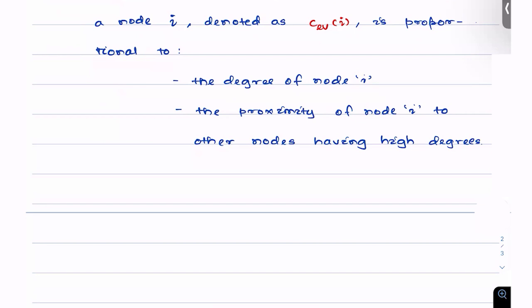According to Bonacich, these are the aspects that must be taken into account by any centrality measure when it generates a ranking.